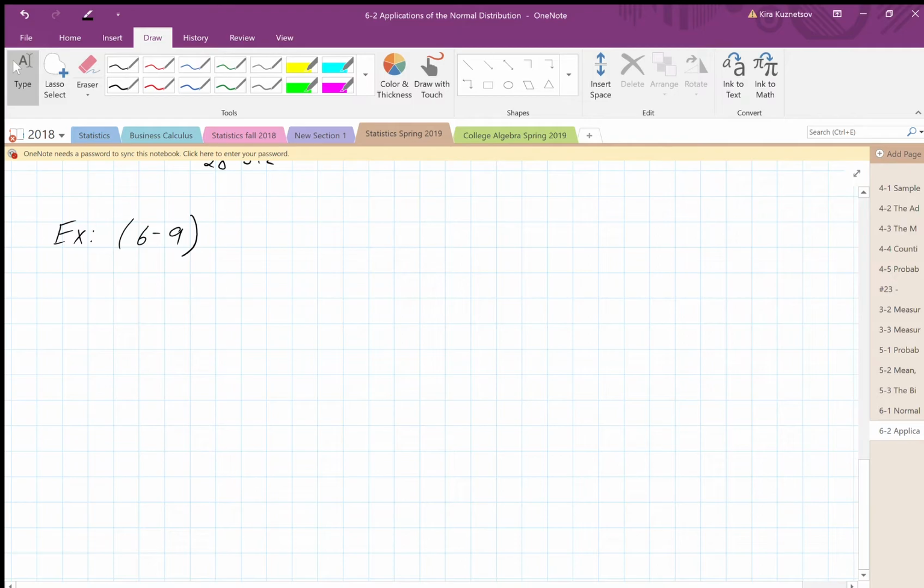So they gave me a go-ahead to use a normal distribution. They told me that the mean is 200 and standard deviation of 20. What they're interested in is the top 10%.